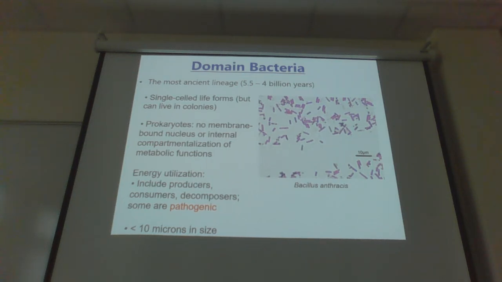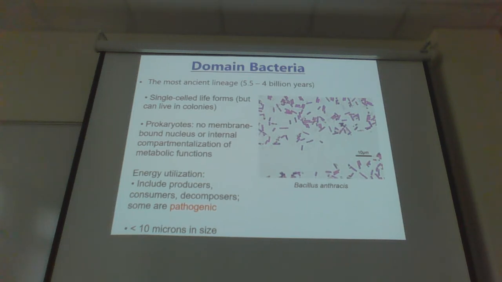So, domain bacteria is the most ancient lineage. It appeared, we estimate, around 4 billion, not millions, billions of years ago. They are single-cell organisms, or we can say unicellular organisms.